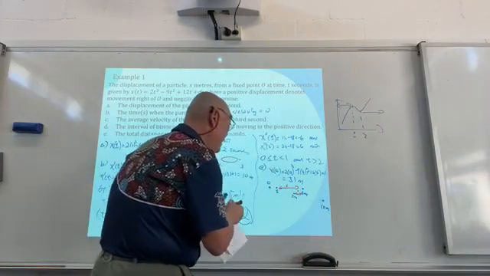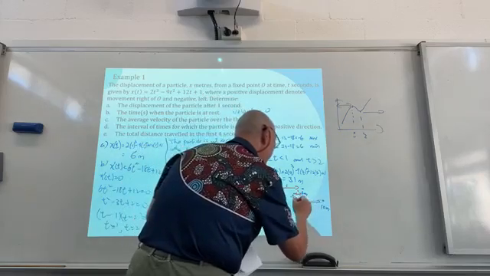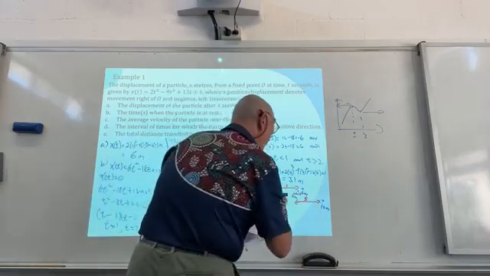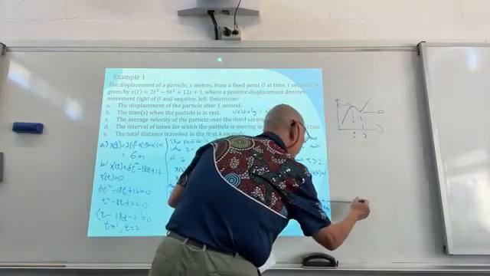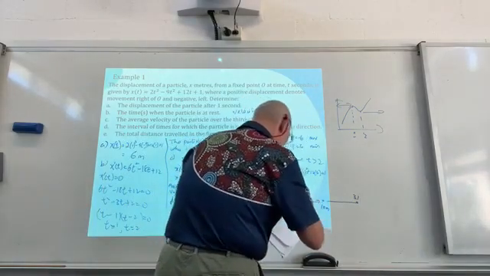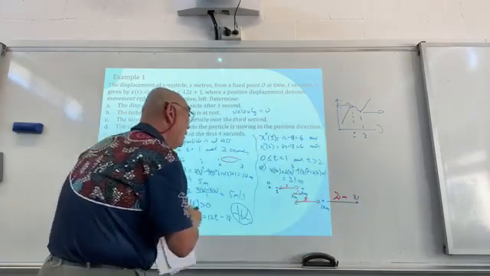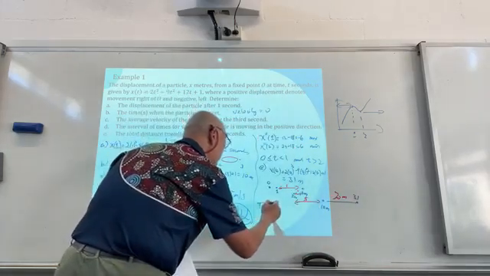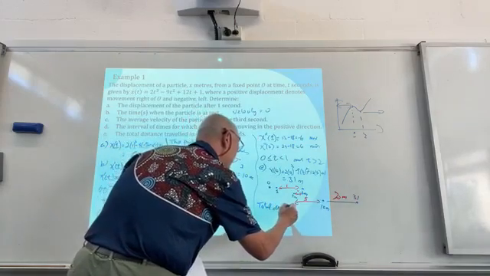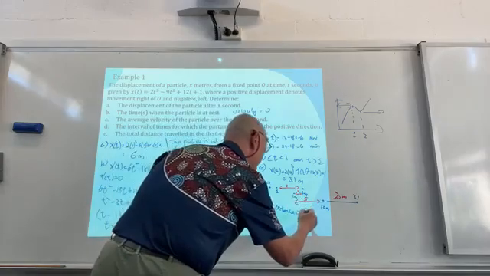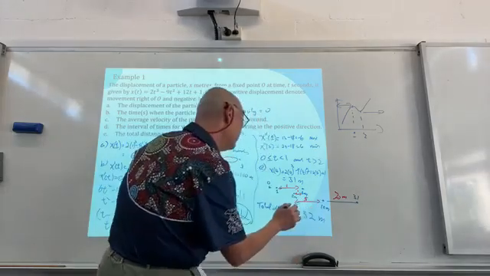So from there to there, I've got another 5 meters. And then at 4, I've gone all the way up to 31. And that is 21 meters. So summing all that up, total distance: 5 plus 1 plus 5 plus 21 is equal to 32 meters.